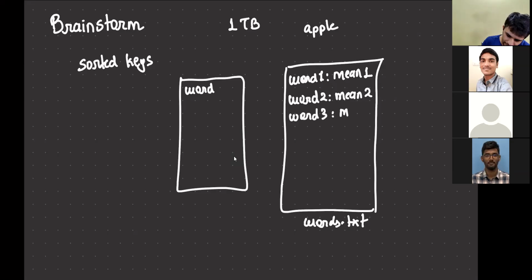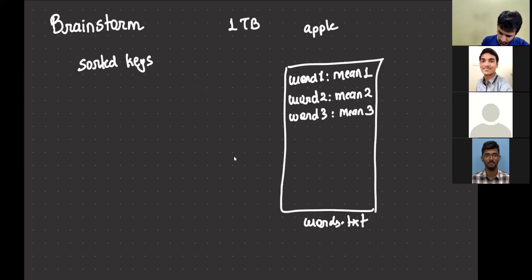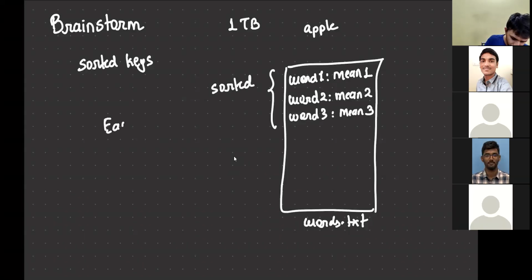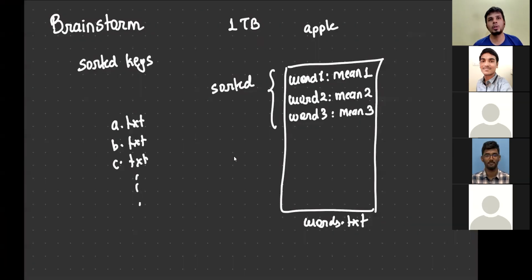So the first approach would be to keep all the words sorted, and for every starting character you might have one file, so a.txt, b.txt, and so on. Correct. Now how will you query?